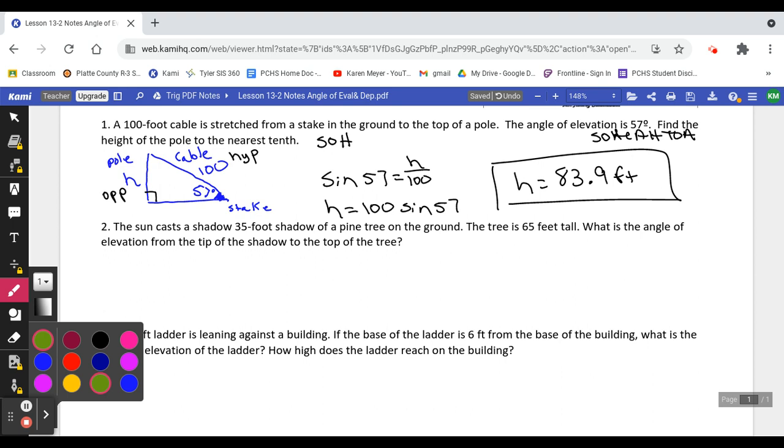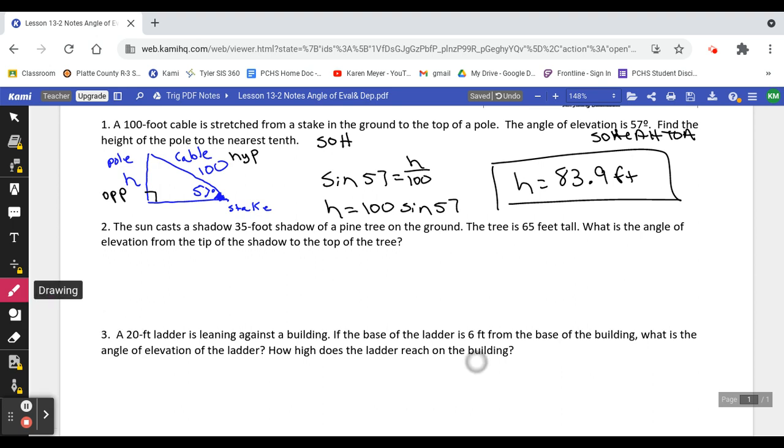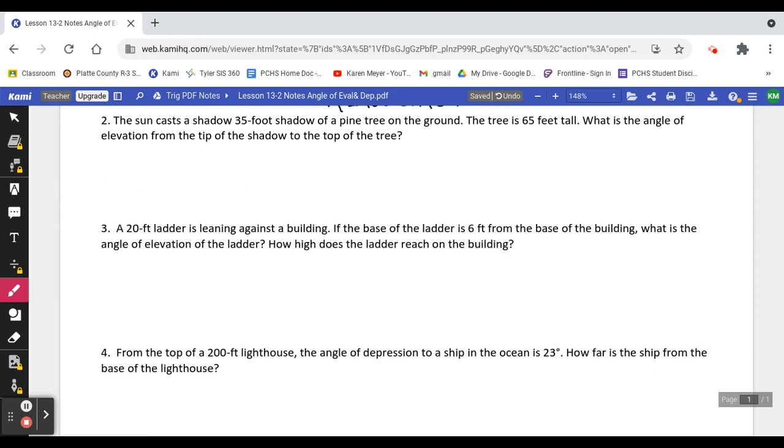The second one says a sun cast a 35-foot shadow of a pine tree on the ground. The shadow is going to go on the ground. So here's my ground, and 35 is going to be on the bottom of my ground.